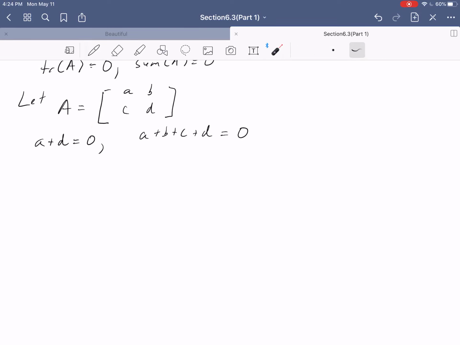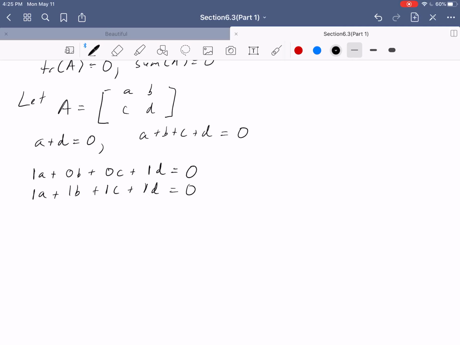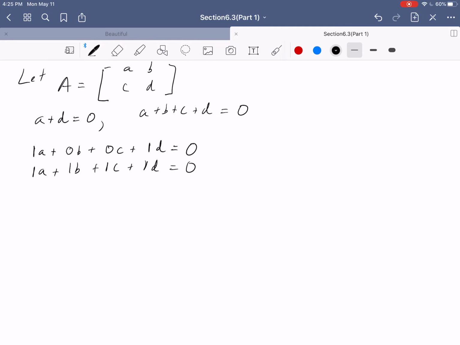You can actually think about this as a system of equations. This is really telling us 1A plus 0B plus 0C plus 1D is supposed to be 0, and 1A plus 1B plus 1C plus 1D is supposed to be 0. You could actually rewrite that into an augmented matrix form.